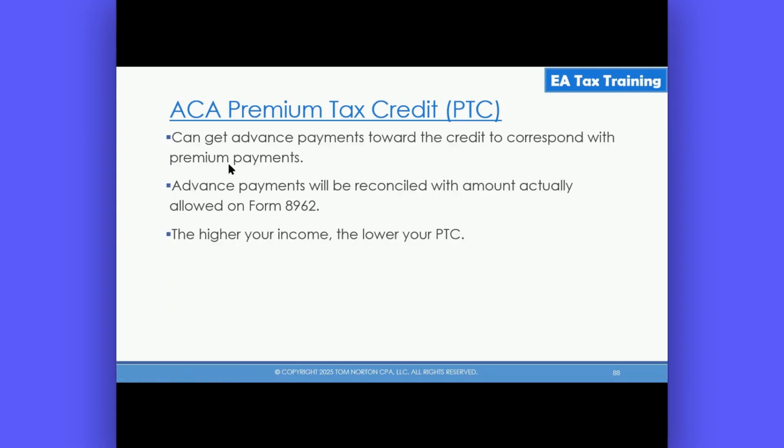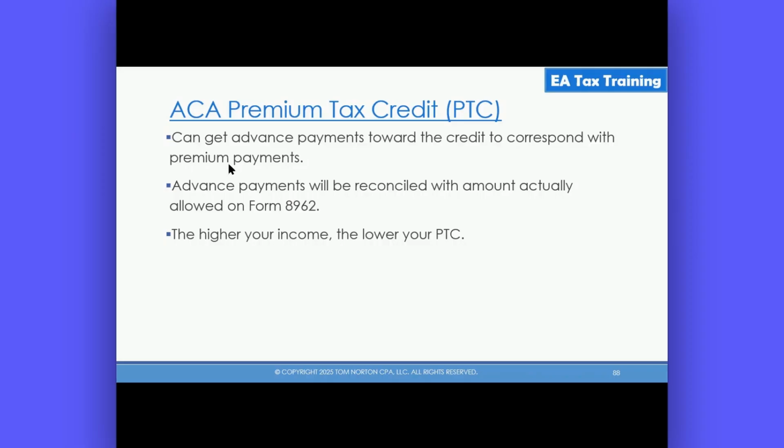You can get, as we talked about when we talked about other taxes, advance payments toward the credit to correspond with your premium payments. So the insurer will just reduce your monthly premium for the estimated amount of the credit. But then, as we said, at the end of the year, you have to reconcile the two. You have to reconcile what the estimated credit was with the actual amount of credit that you were due based on what your actual income turned out to be.